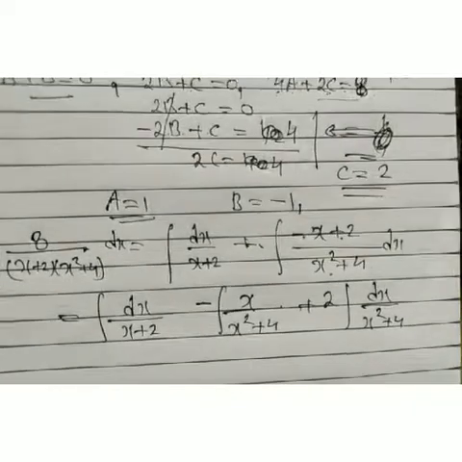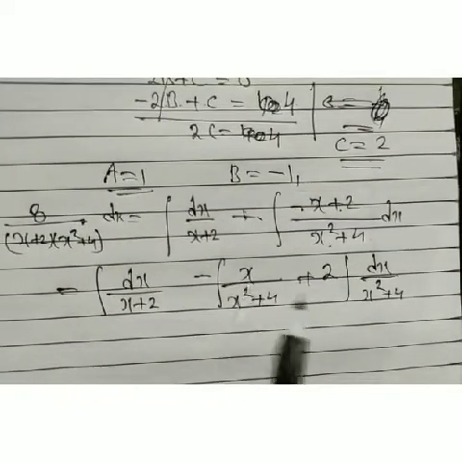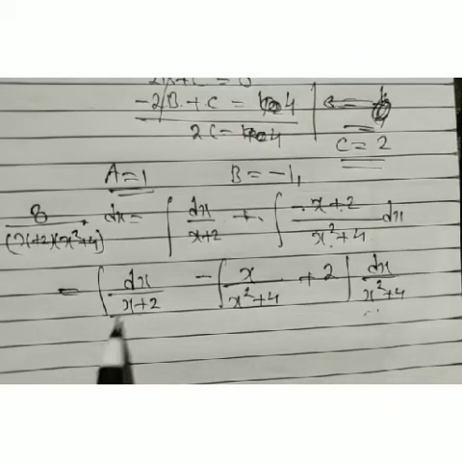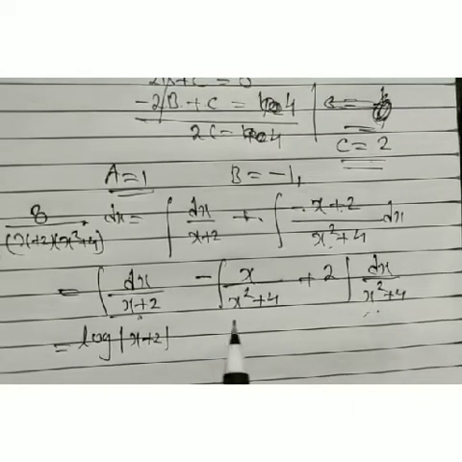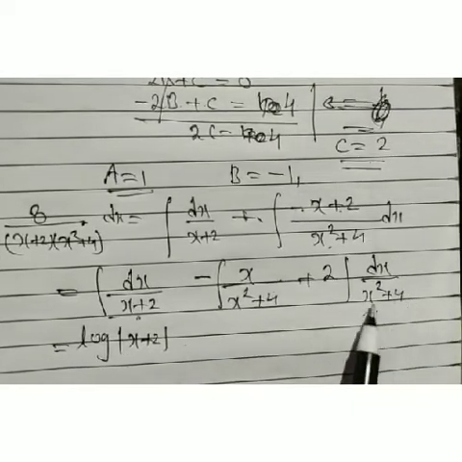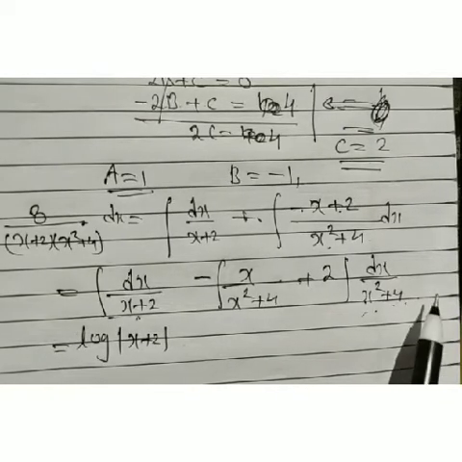Now we are first going to find these values. It's a dt by t form, so its value is log of x plus 2, and here it's the form of the integral of dx upon x square plus a square.